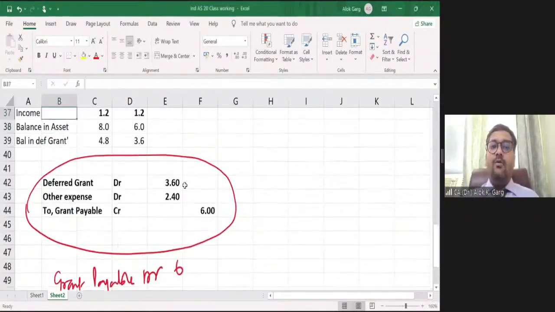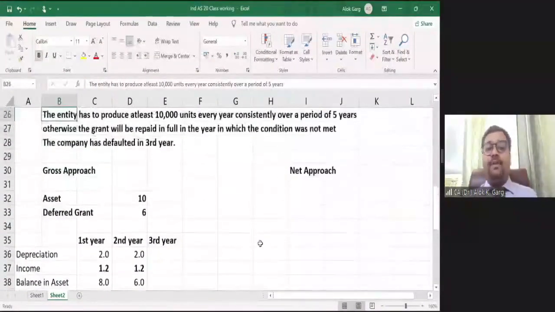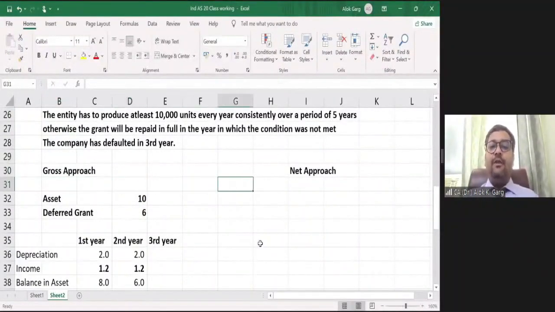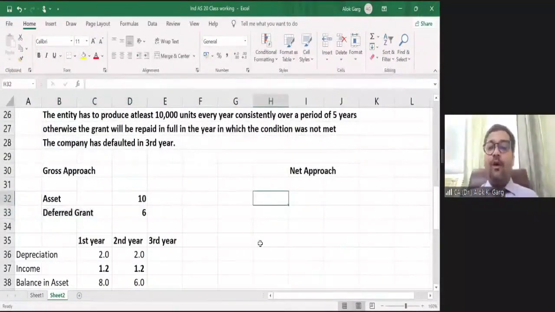Clear? Now, guys, the second case is very important and it is tricky. We are going by the net approach. When we are going by the net approach, at what value will we recognize the grant? 0. At what value will we recognize the asset?